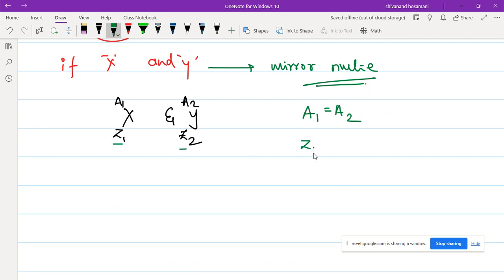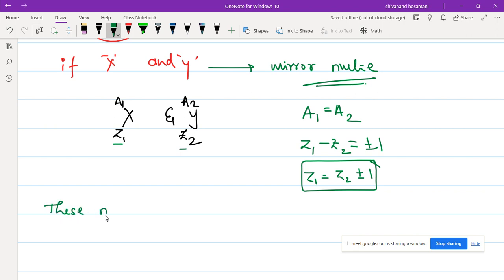Or you can treat it as Z1 equal to Z2 plus or minus 1. So there will be only a difference of 1 unit in the protons and neutrons of mirror nuclei. Moreover, these nuclei have the same radius but differ in Coulomb energies.